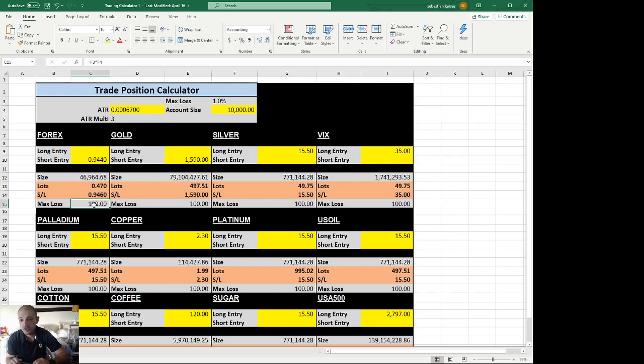If you think that the market is not very volatile and you think that maybe that's too much of a stop loss, I would like to be in this trade and it needs to go in my favor, otherwise I want to get out fast. Let's say you put your ATR at 1.2. Look how much bigger of a trade you can take. You can take more than double the size trade.